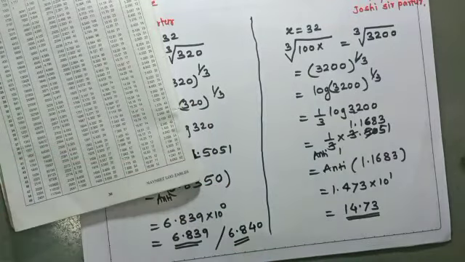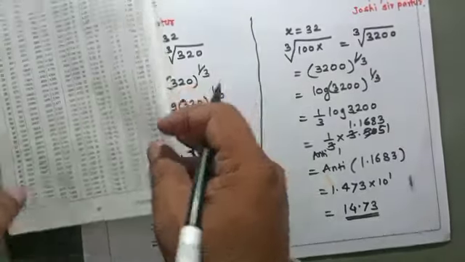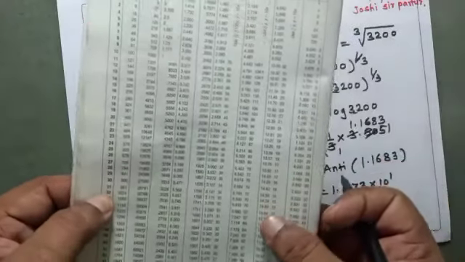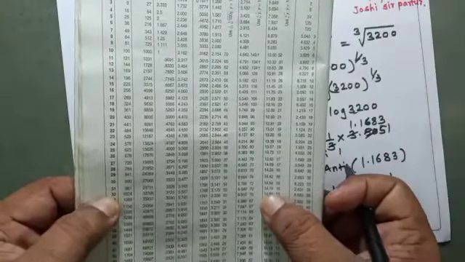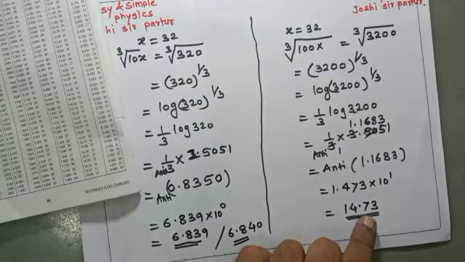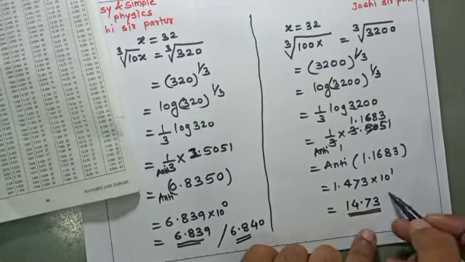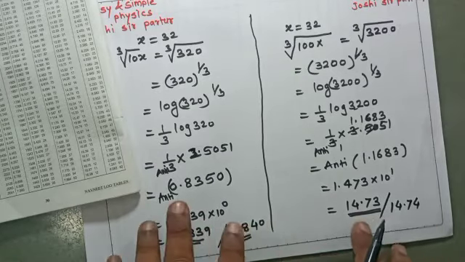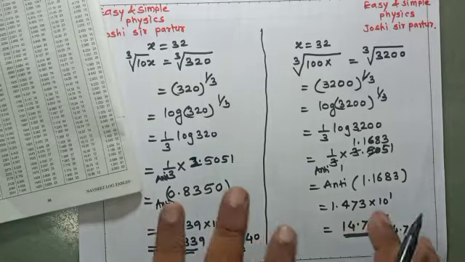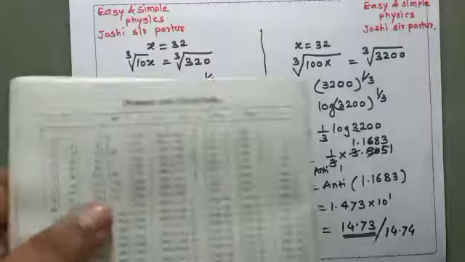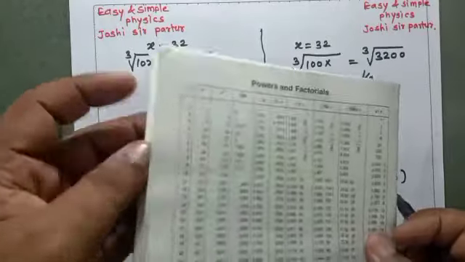That is approximately the same. And if we see 32 in cube root of 100x, that answer will be 14.74. Here our answer is 14.73, and directly it is 14.74. So both values are approximately the same. So these values can be found using powers and factorials.